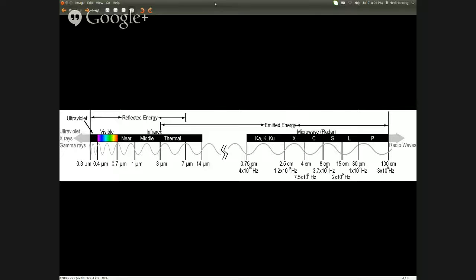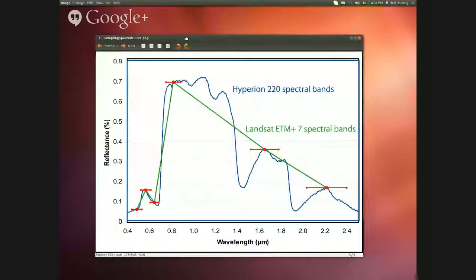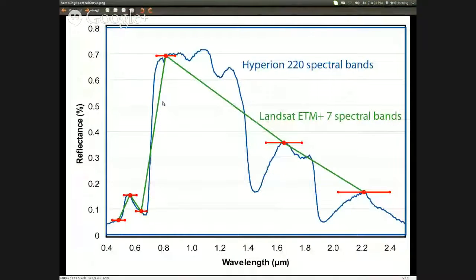So let me figure out what I'm going to do next. I'm going to get rid of this one and show another graphic. Yeah, here's a graphic that has wavelengths from 0.4 micrometers. This is the blue wavelength.